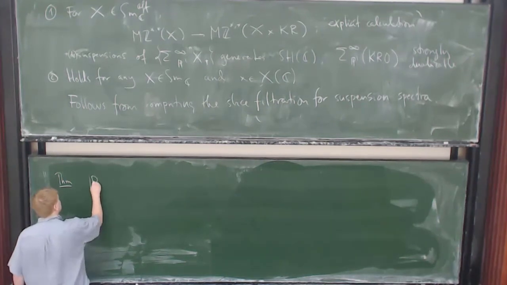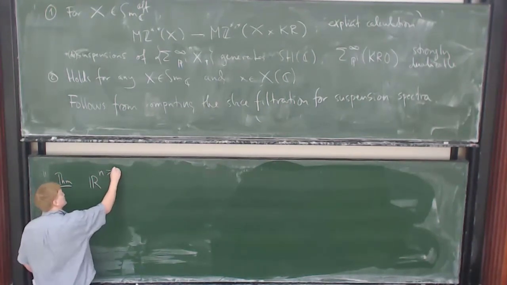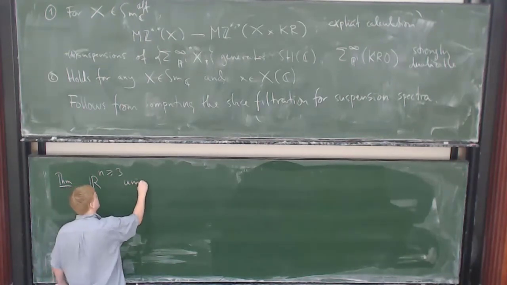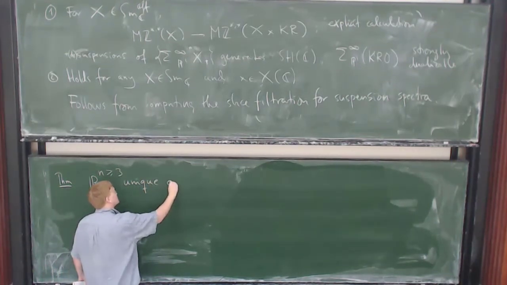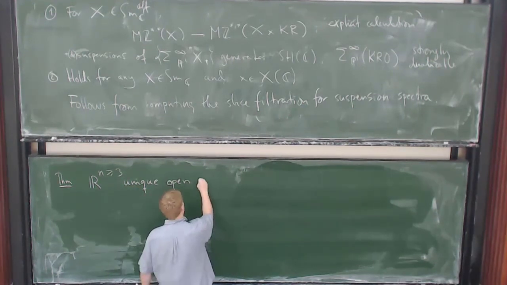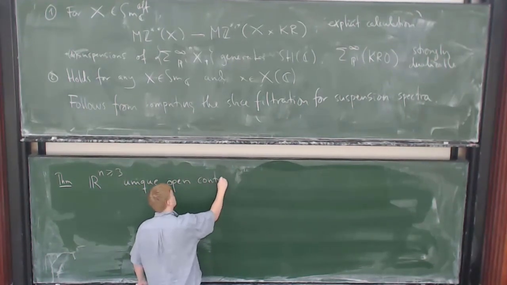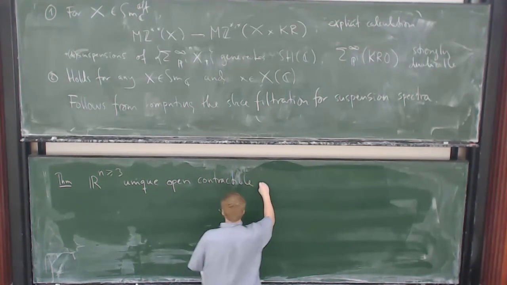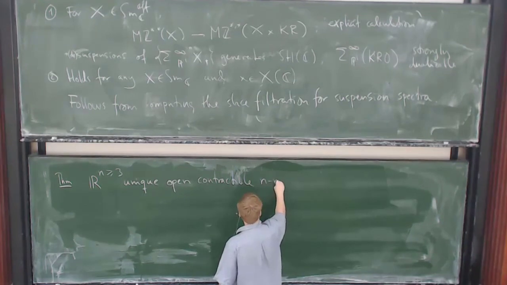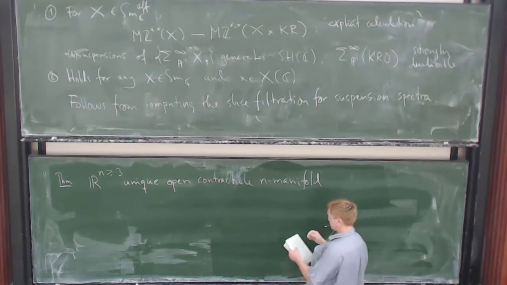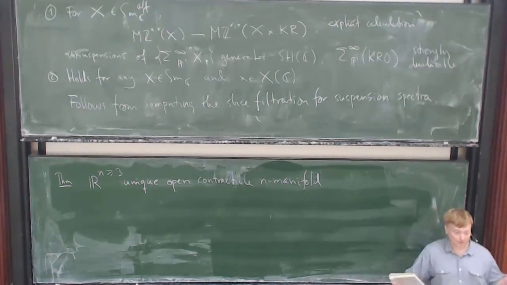R^n, n greater or equal to 3, is the unique open contractible n-manifold that's simply connected at infinity.